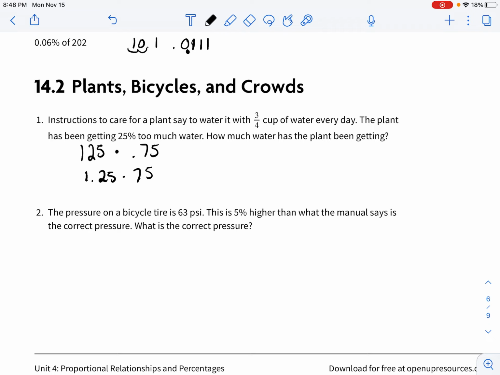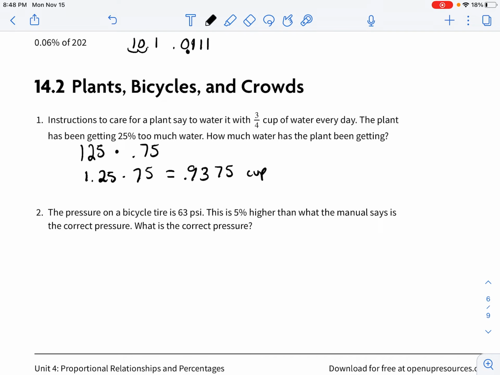So 25% of 75, or 0.75, is going to give us 0.9375 cups.